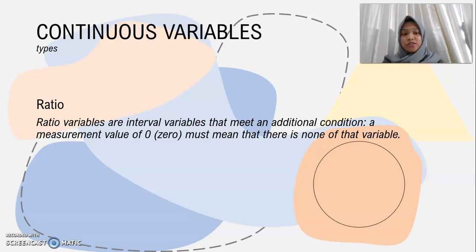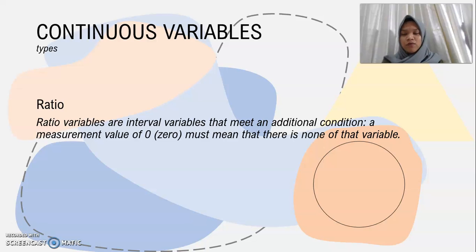The second type is ratio. Ratio variables are interval variables that meet an additional condition. So ratio and interval are actually the same, but also different. The difference is that a measurement value of 0 must mean that there is none of that variable. So we can see that some data can be used in ratio but cannot be used in interval.